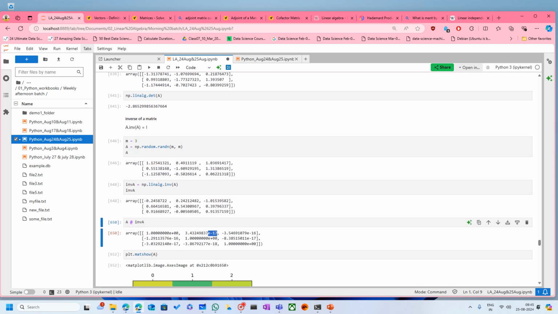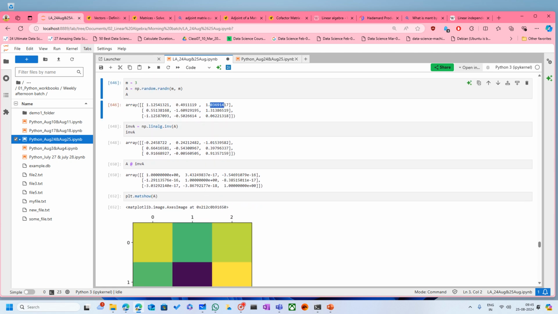Because we have taken decimal values, it has done the precision computation, so it has retained those values, but these are almost equal to 0. See, e to the power of minus 16 is 15 zeros before this 3. Here 16 zeros follow, here 17 zeros follow. So this is equal to 0 only.